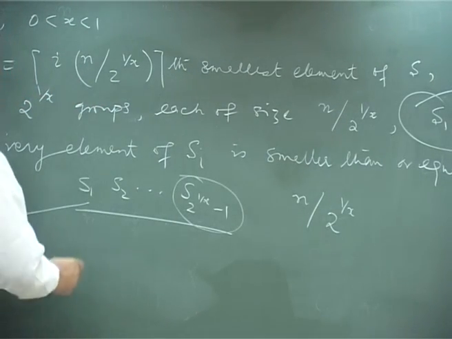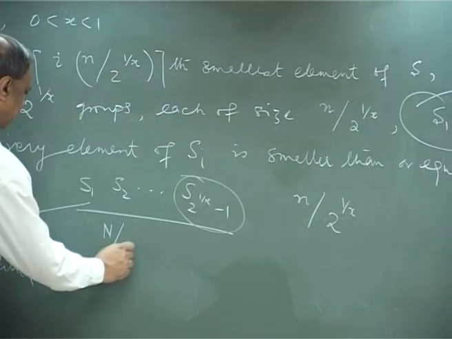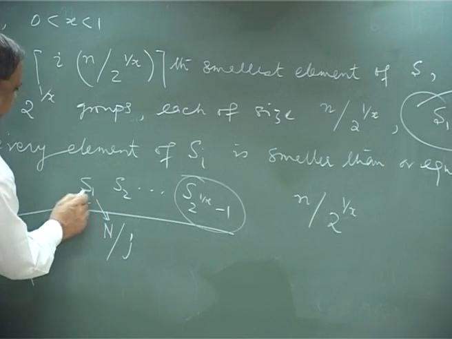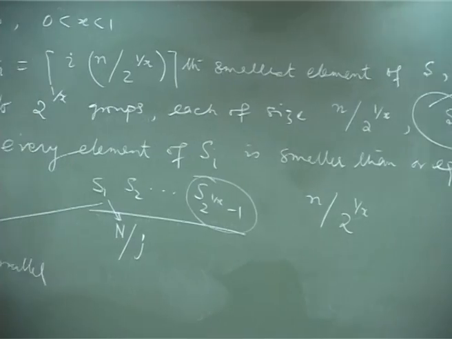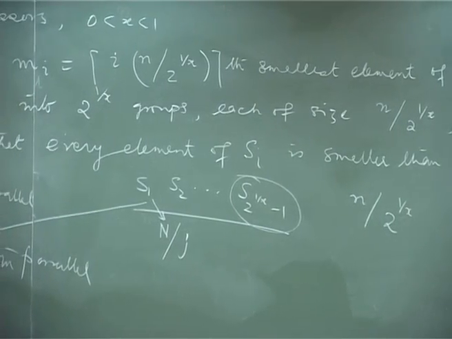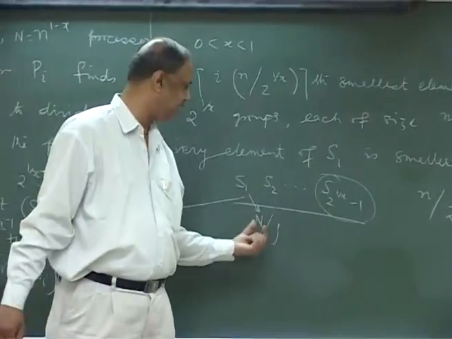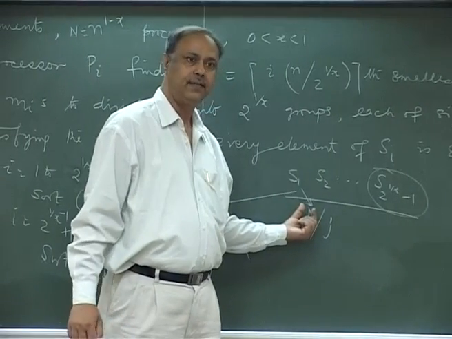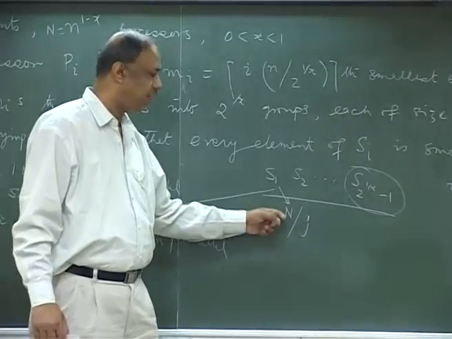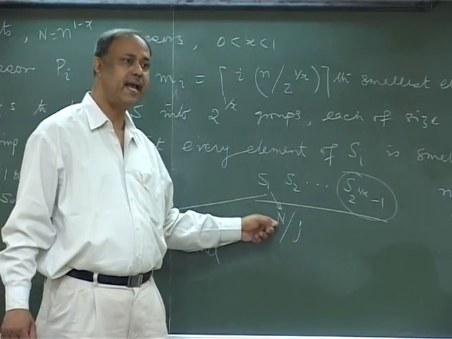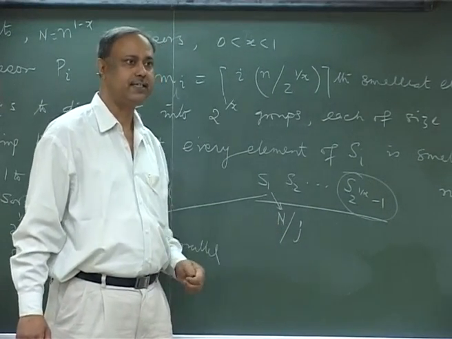And for each sequence I am employing that many processors, because I have a total number of processors capital N, and there are j subsequences. So each subsequence can have N by j processors.